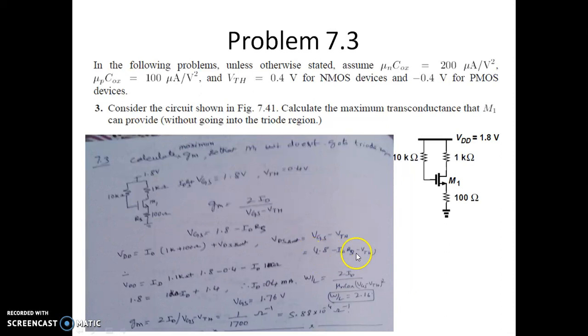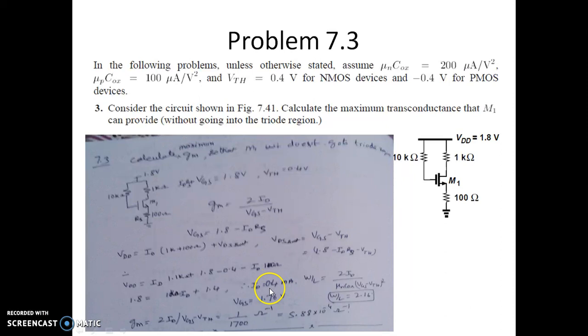So VDS sat we know. We can ultimately get the expression for VDD as ID into 1.1K plus VDS sat, substituted by this expression, and upon solving this we get the current ID as 0.4 milliampere.